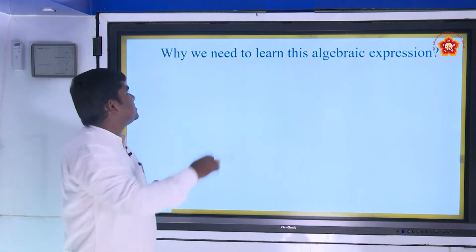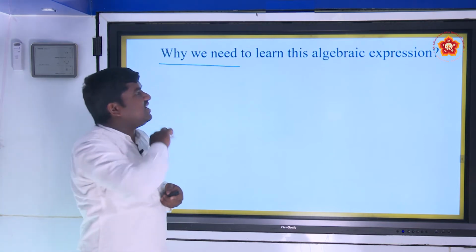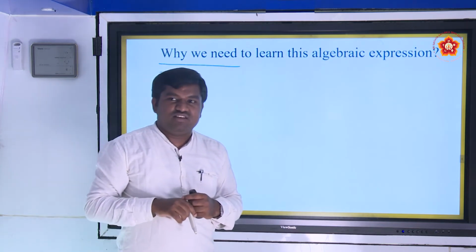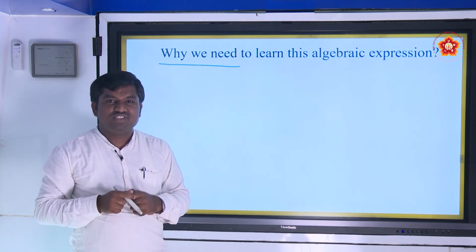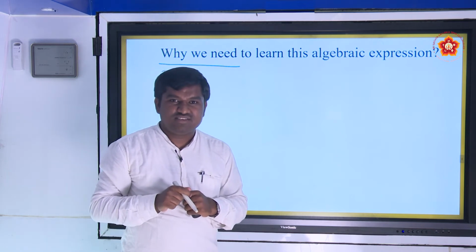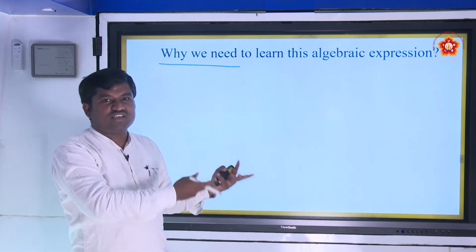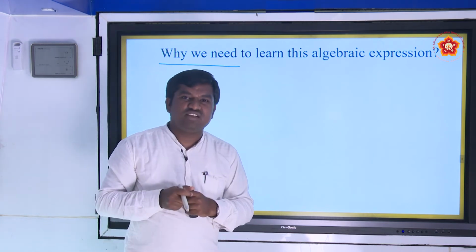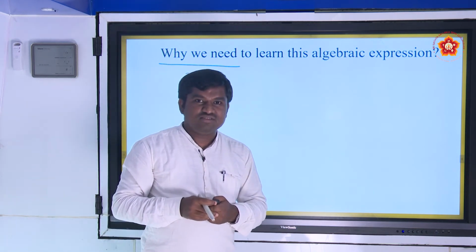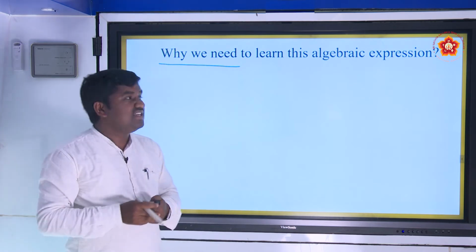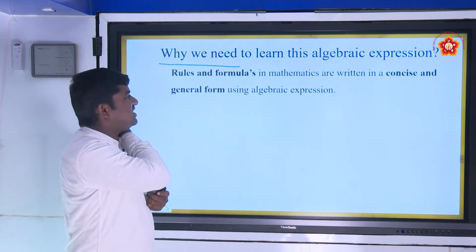Yes. Next, why do we need to learn this algebraic expression? Why do we have to learn algebraic expressions? This question appears. Yes, x, y, factors, terms. Why do we have to learn this? Is it because it is in our syllabus? No, it is useful. Where can we use this?